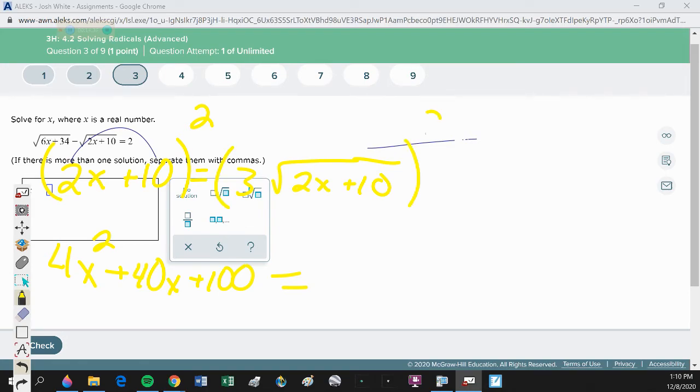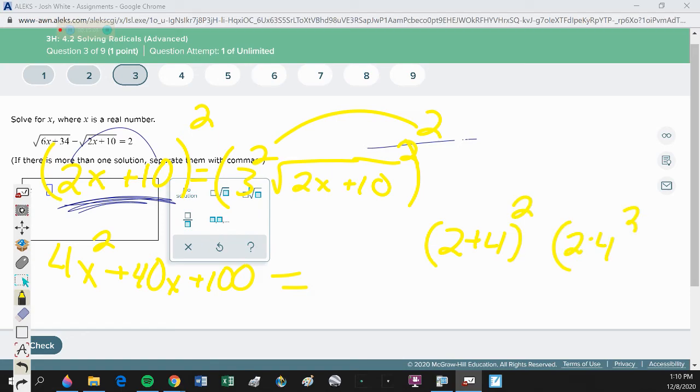Well, do I have to do this same multiplication on the other side? No, because it's not a binomial. There's really only one thing happening there because it's multiplication. So in this case, I can distribute the squared because there's no addition or subtraction there. Right? It's the difference between 2 plus 4 squared and 2 times 4 squared.